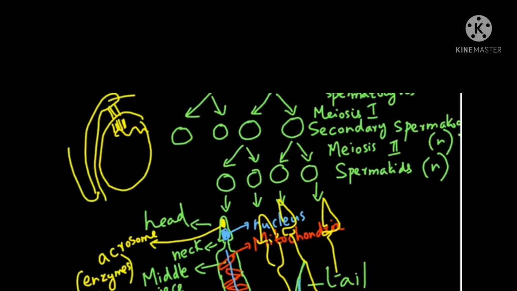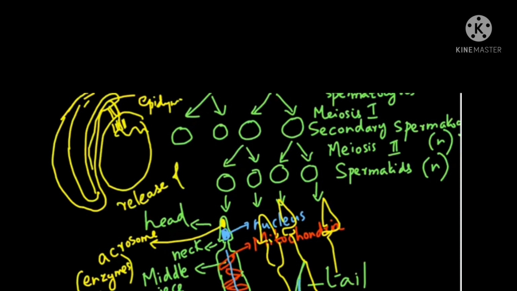After epididymis comes vas deferens. Then vas deferens will take it, receiving secretions from glands, and they will bring it to the urethra. So finally, all the sperms will be released from the testis to the ducts. This release of sperms from testis is called spermiation.